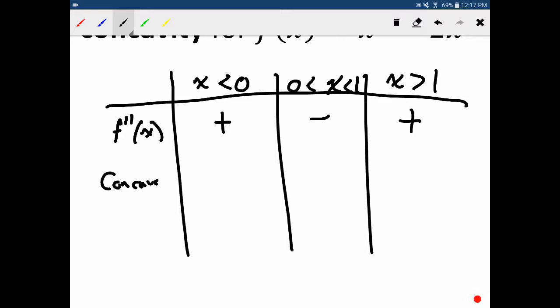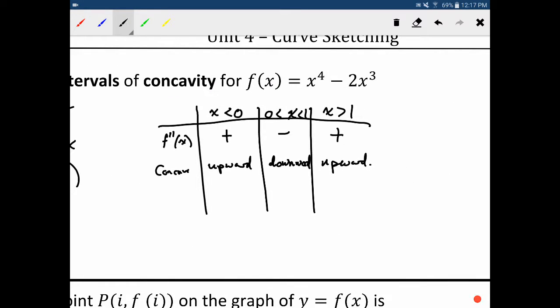If it's positive, that's going to be upwards, and if it's negative, it's going to be downward. Then this one will be up again. So we know that it starts concave upward, becomes concave downward, and then becomes concave upwards again.